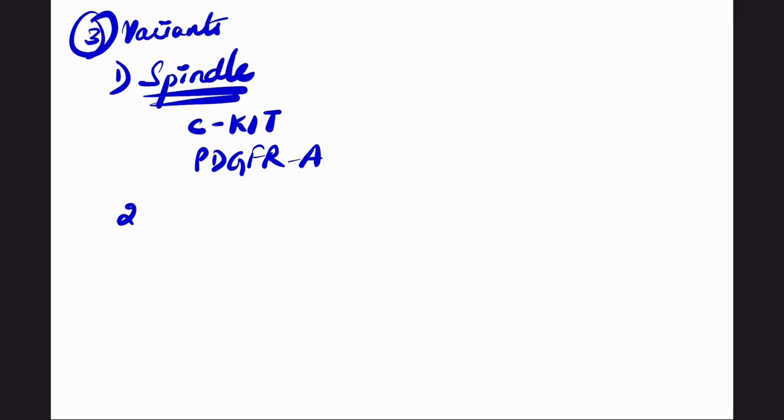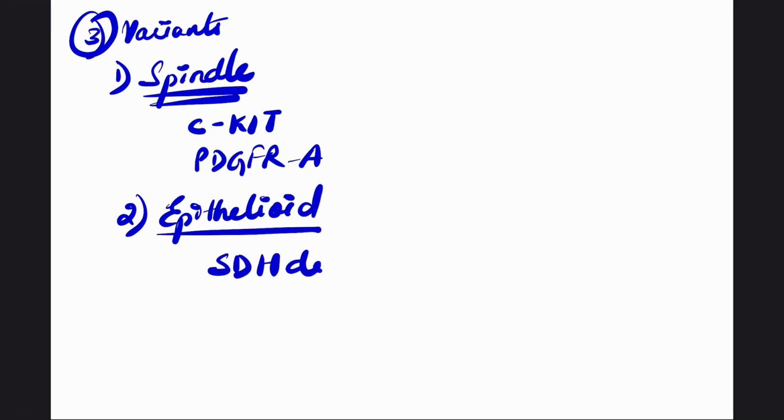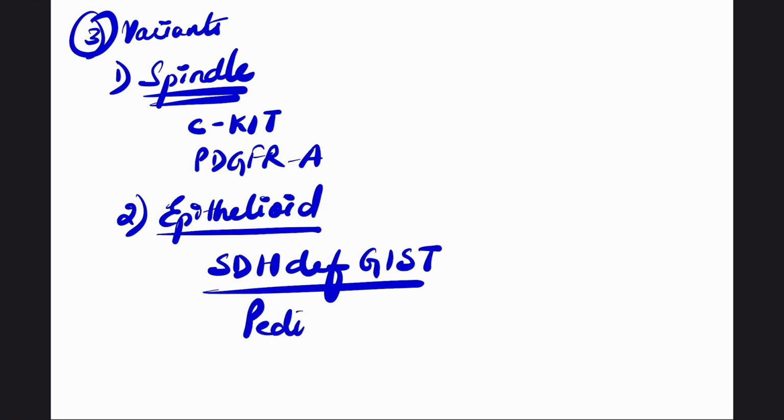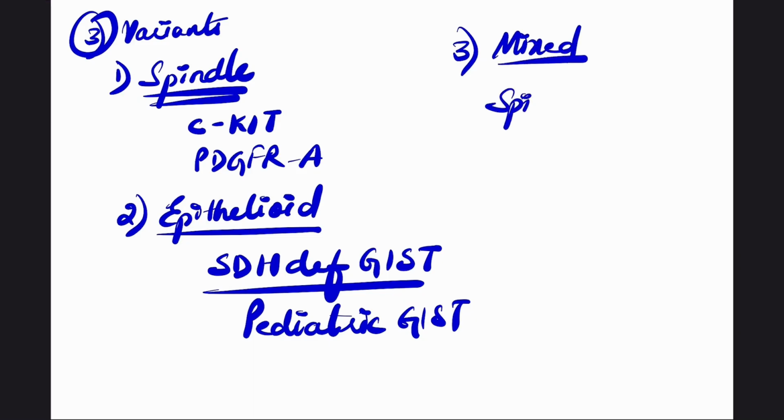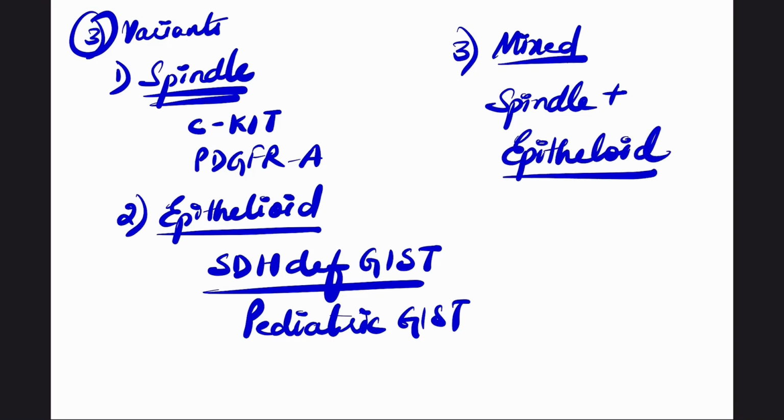Next is the epithelioid GIST, seen most commonly with SDH-deficient GIST, that is the pediatric GIST. Third is the mixed variant. Mixed means it has both spindle cells and epithelioid cells, a combination of both types.